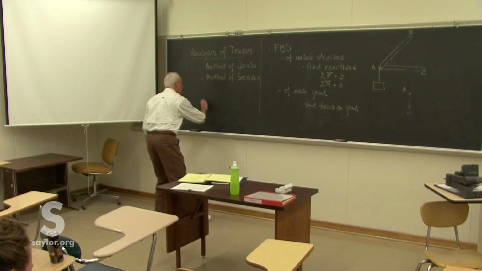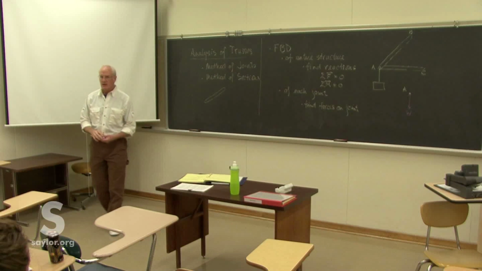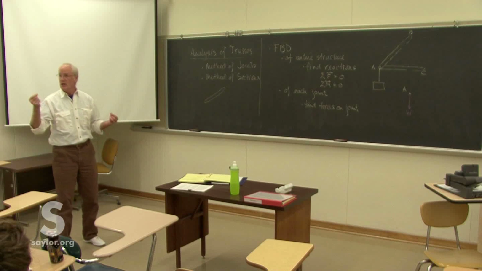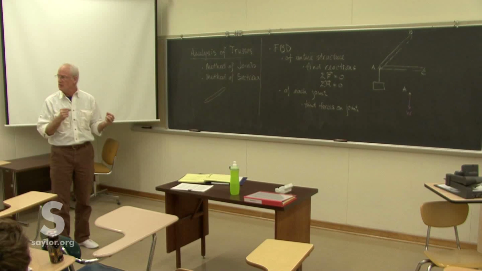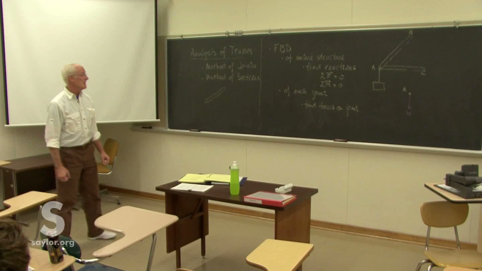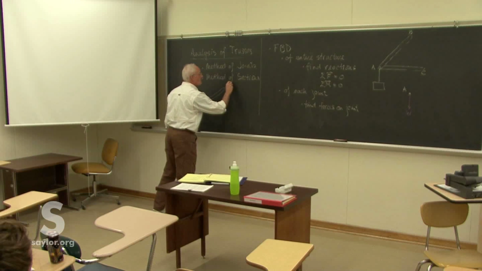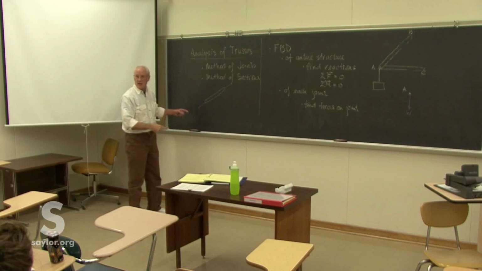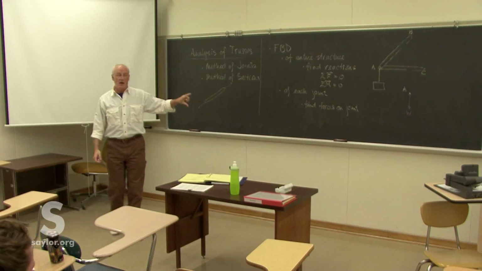Let's remember. A two-force member has two forces on it, one at each end. It doesn't have to be at each end, it could be somewhere else, but it's only two forces. What's true about those two forces? Equal and opposite. Maybe it'll be like that, maybe they'll be the other direction, but they'll be equal size and opposite in direction.